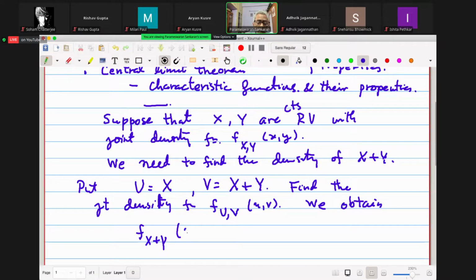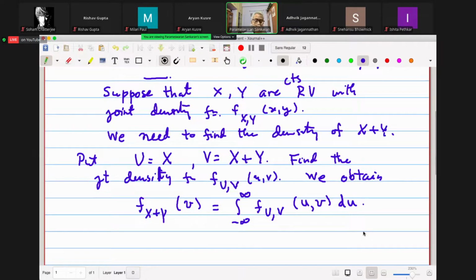Okay, this is equal to integral minus infinity to infinity f_{UV}(u, v) du.